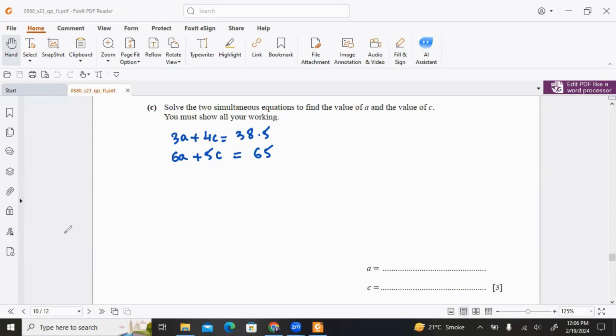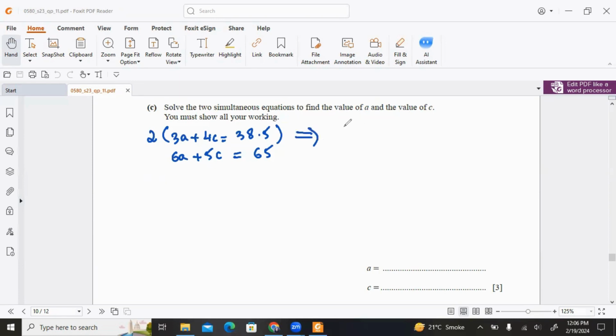For elimination, we're going to pick one variable which we want to eliminate. Let's say I want to eliminate A. In order to eliminate A, I need to make sure that the coefficients of A are equal in both the equations. That is the first step. We have 6A over here and 3A over here, which means I need to multiply the first equation by 2 to make the coefficients equal.